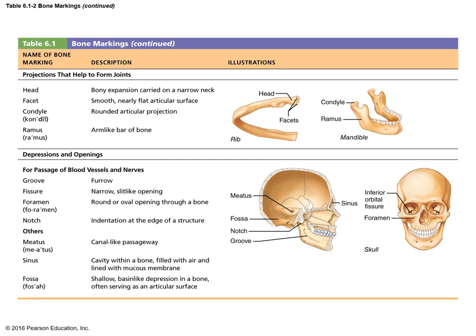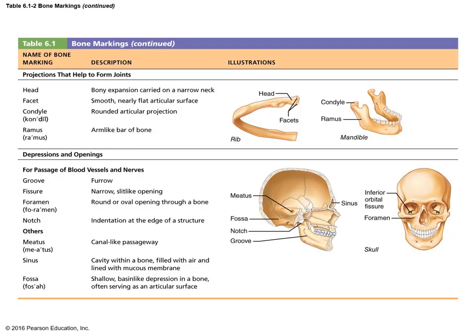What I often recommend, and this is just my own personal recommendation, you can take it or leave it, is that you first learn the bones and then go back and learn the markings, because to me it just seems to make more sense.